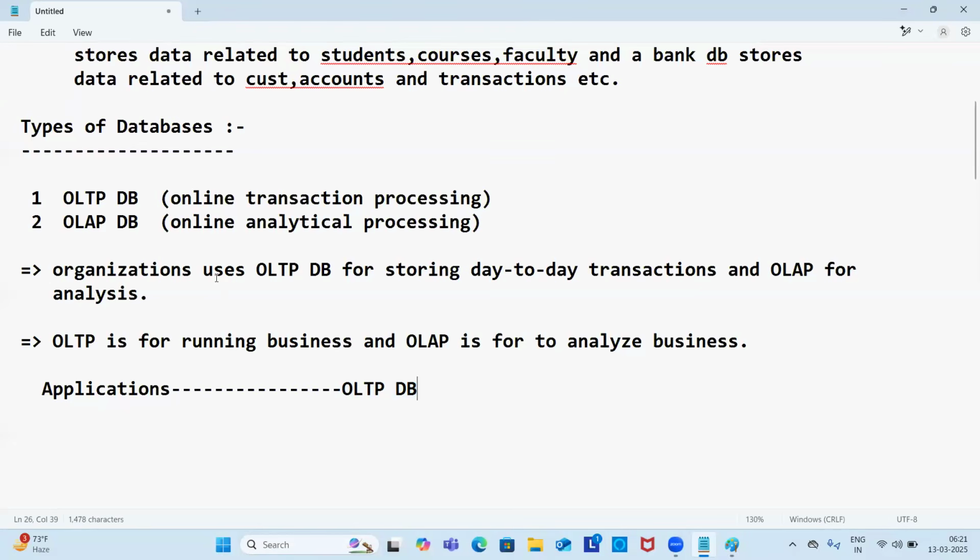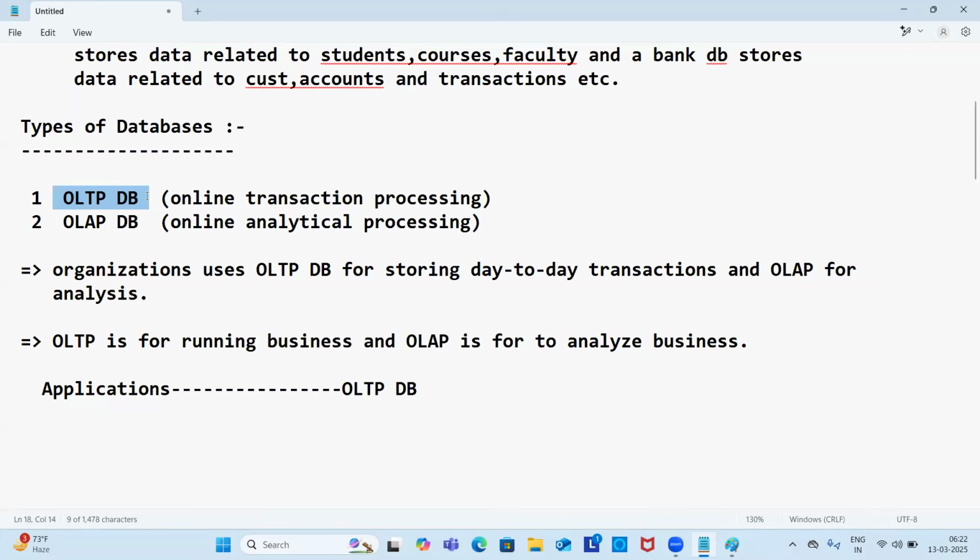Because if you want to analyze the data, you need history. But this database stores only current data. It will not store historical data. How do you measure the performance of a student, whether strong in academics or not?